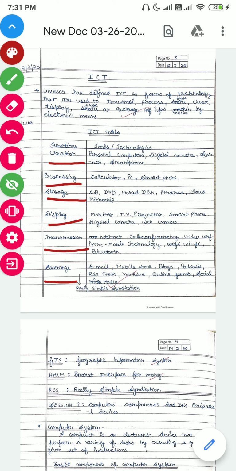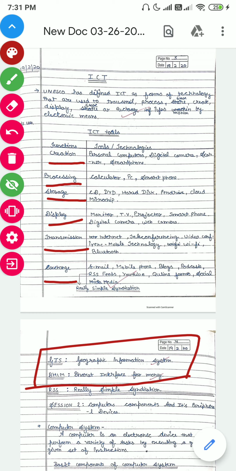Now there are some important definitions, important full forms. First is geographic information system. Geographic information system is used in our day to day life for location sharing and predicting the weather. Also, we are all updated with BHIM. What is BHIM? BHIM is Bharat Interface for Money.